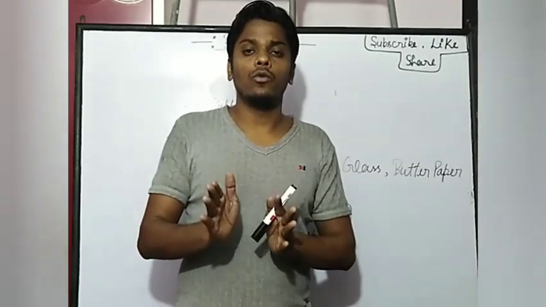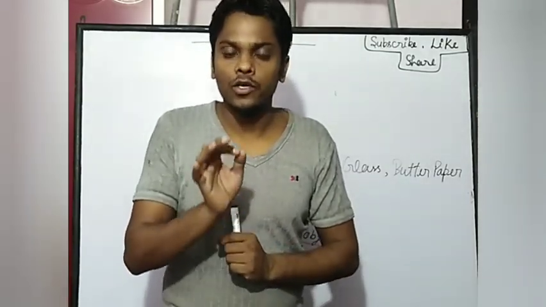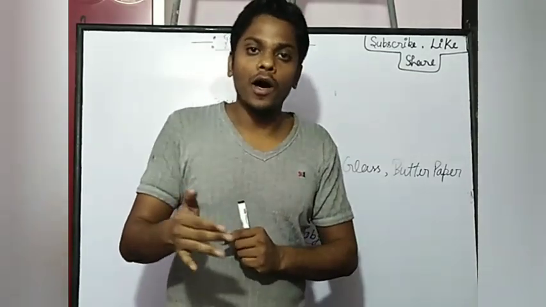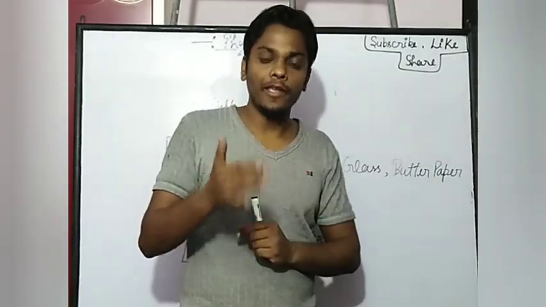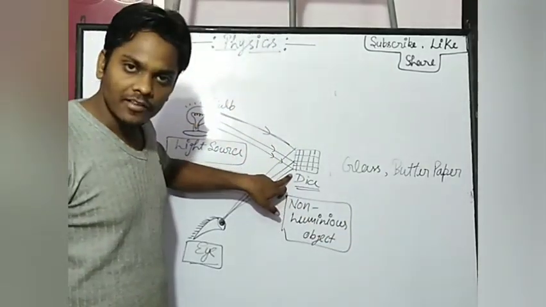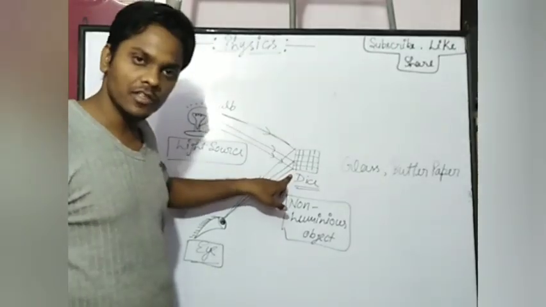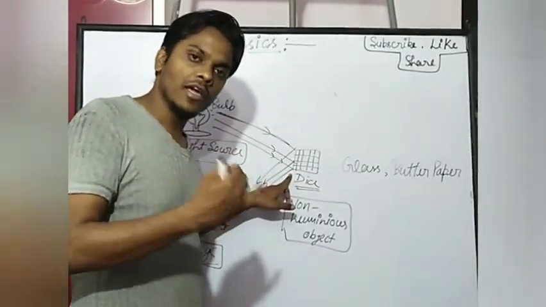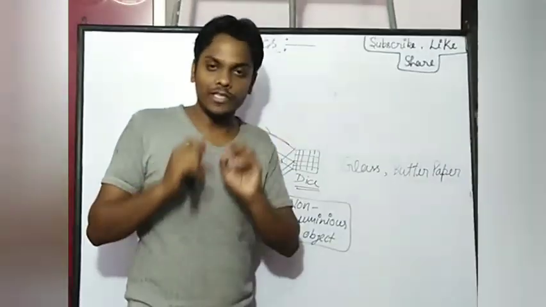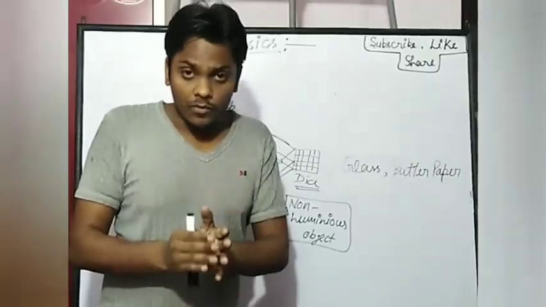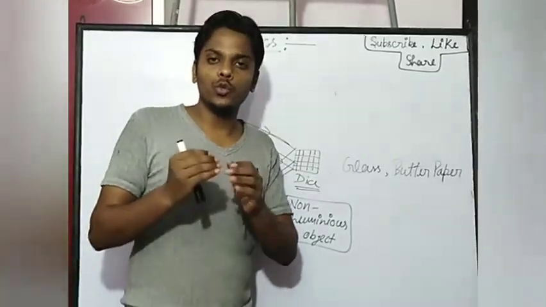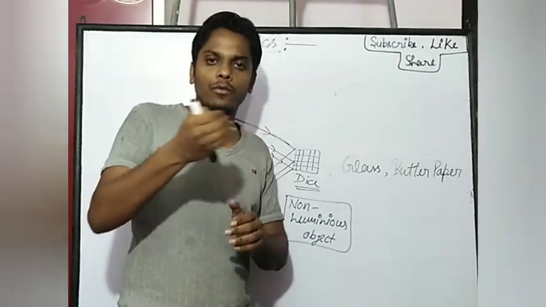Those objects which do not allow any ray to pass through them, this dice is also working in the same way as I am telling you: those objects which do not allow any light ray to pass through them.